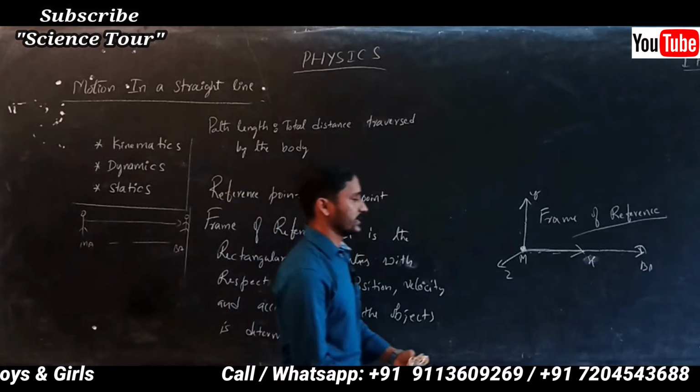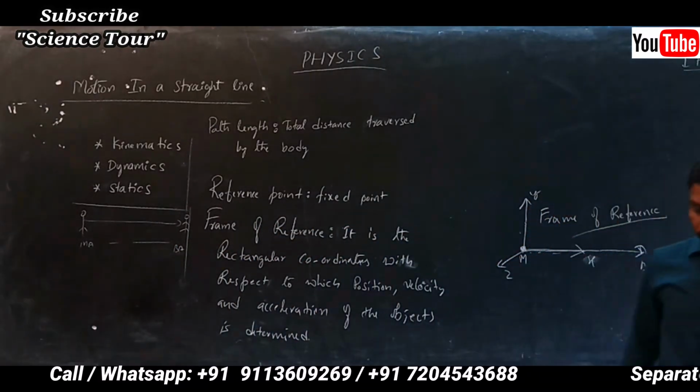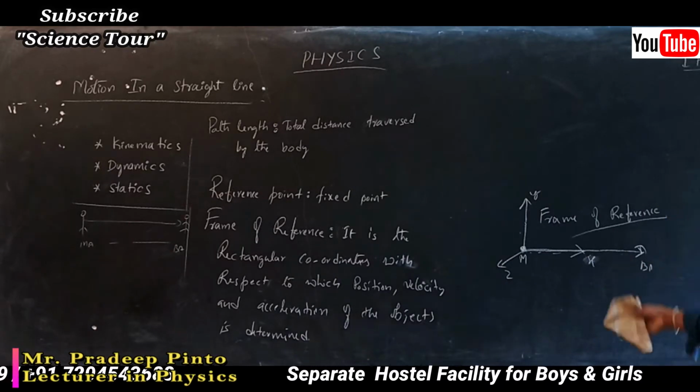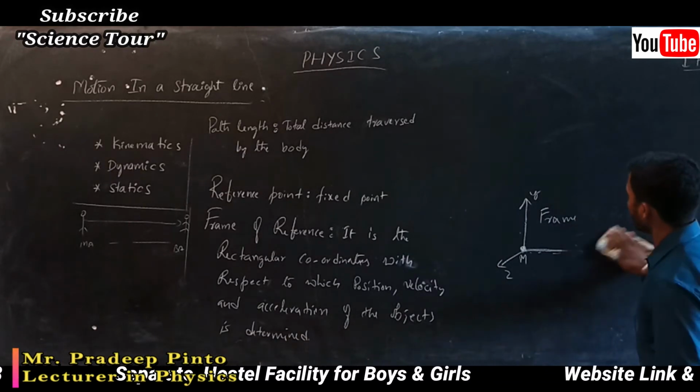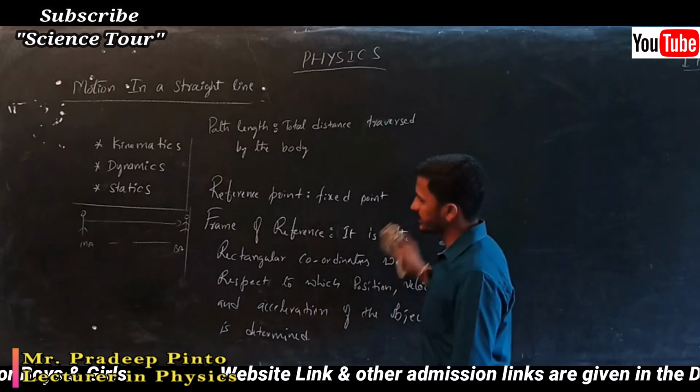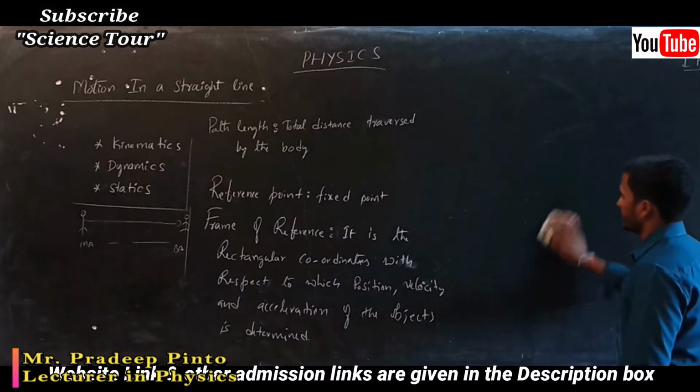Okay, like that. These are the frame of reference. So in physics, those rectangular coordinates we bring in as a frame of reference. So now what are all the points we have studied? That is point object, rest, frame of reference, in that way.